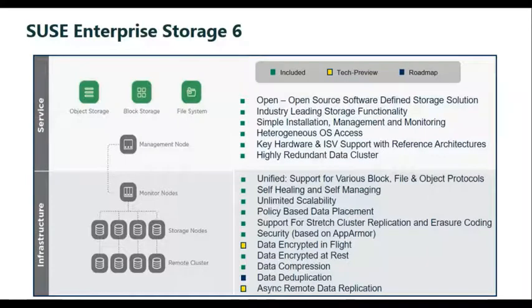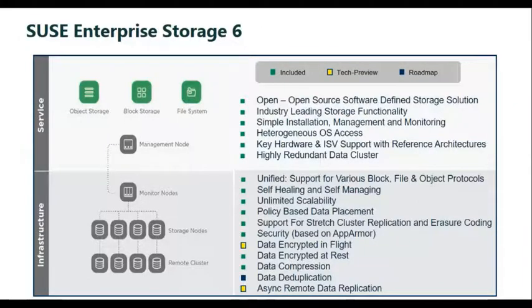So the tech preview features for SUSE Enterprise Storage 6 are data encryption for data in flight. That is, I'm talking about maintaining data encryption while the data is moving out of one instance and going to the other instance in case of a DR. Okay, so encrypting data in flight or on the wire.